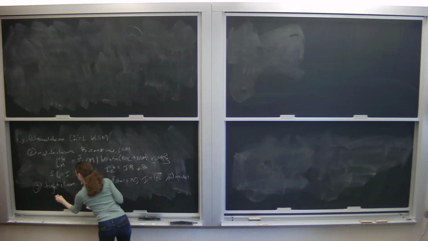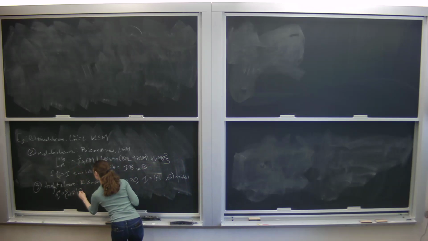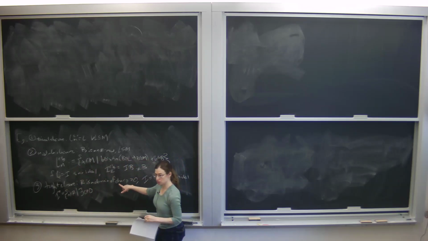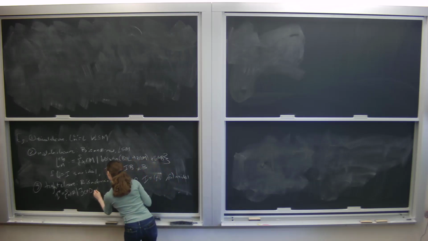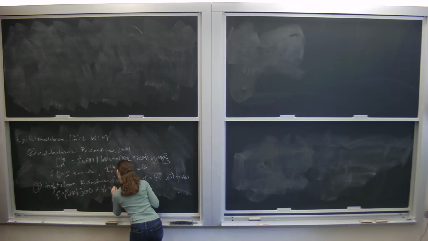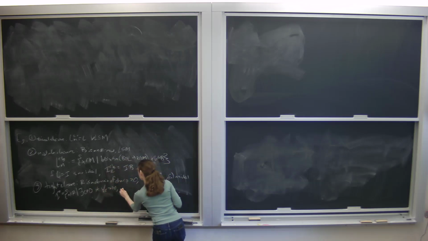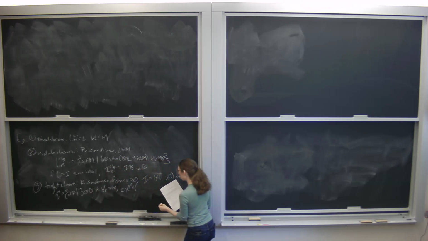Then I star equals the set of X in R such that there exists some C not equal to 0, because I assume domain for people who know tight closure, such that for all E sufficiently large, C X to the P to the E is in the ideal generated by the P to the E powers of the Fs.